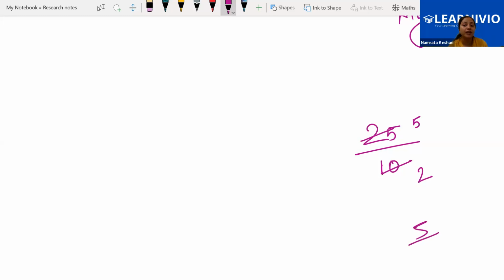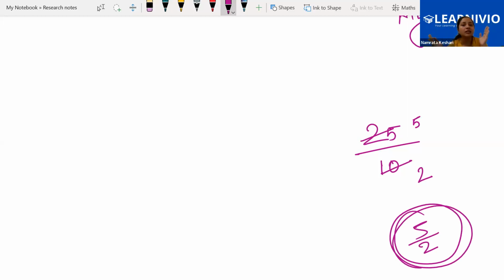That became 5/2. That's why whenever we have this type of reduced form, 5/2 or any ratio, that is the reduced form. Whenever we are separating them, we have to multiply a common number with both of them.